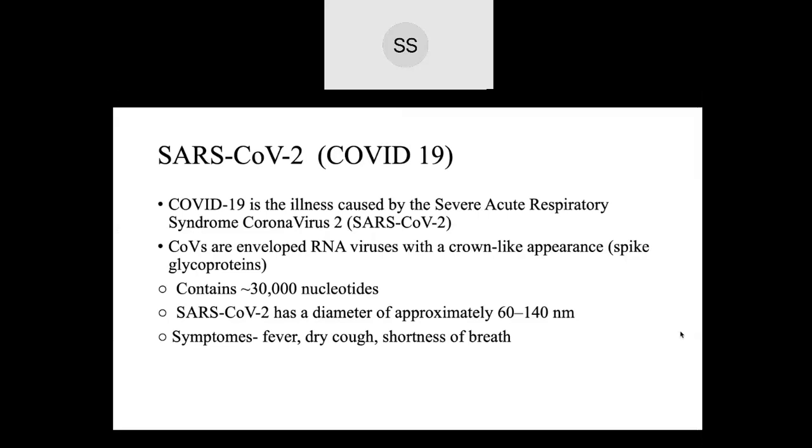SARS-CoV-2 is an enveloped RNA virus with crown-like spikes, famously known as spike glycoprotein. It is 30,000 nucleotide bases long, and the diameter of the virus is anywhere between 60 to 140 nanometers. The symptoms of SARS-CoV-2 are fever, dry cough, and shortness of breath.